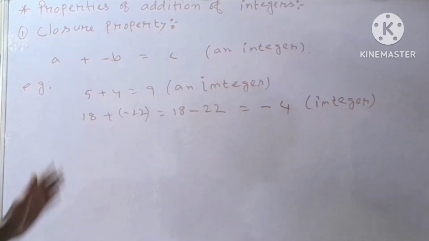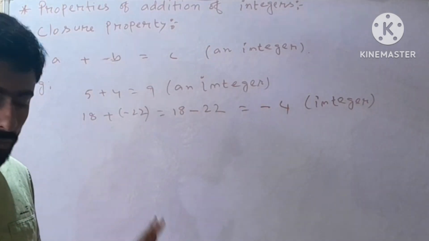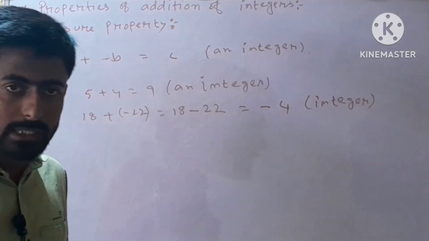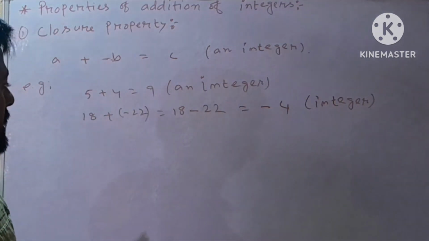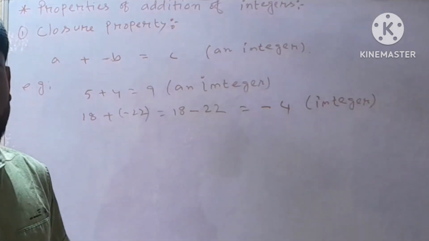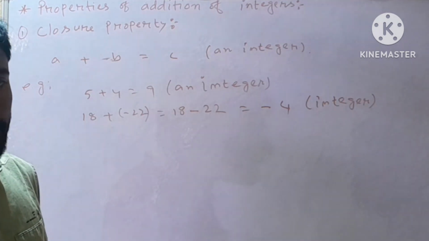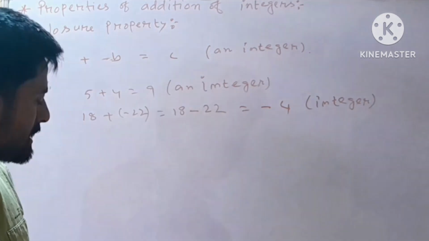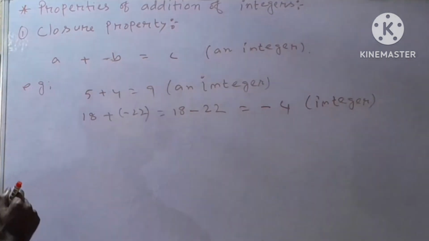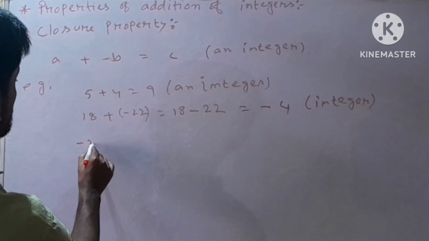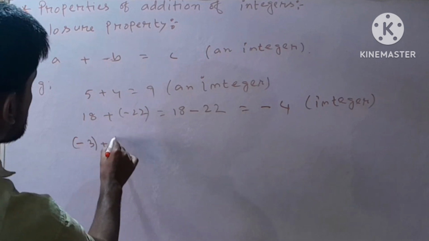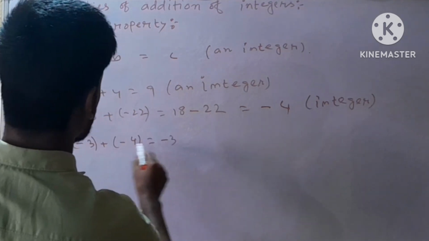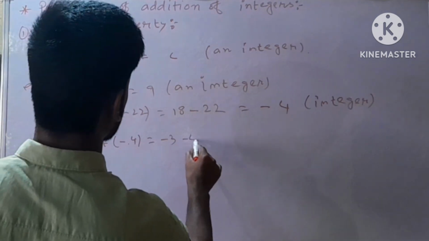That means if we add two positive integers, the resulting number will be an integer. If we add one positive and another negative integer, then the resulting number will be an integer. If we add two negative numbers, say minus 3 plus minus 4, then it will be minus 3 and plus minus 4.